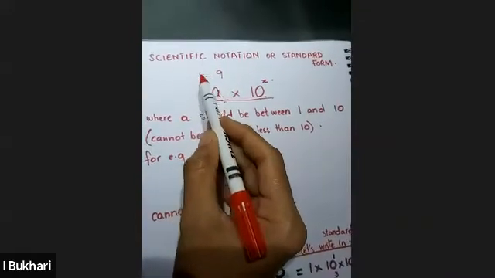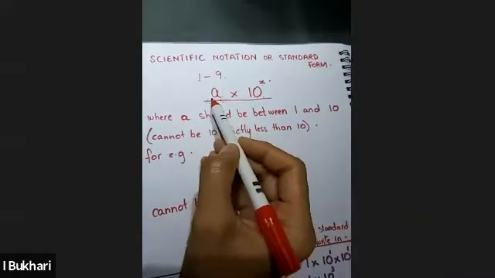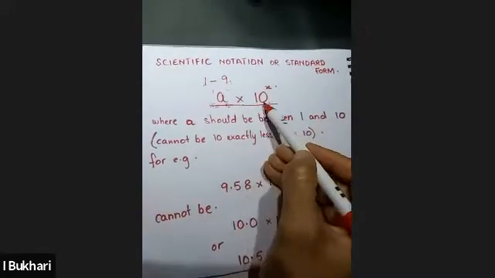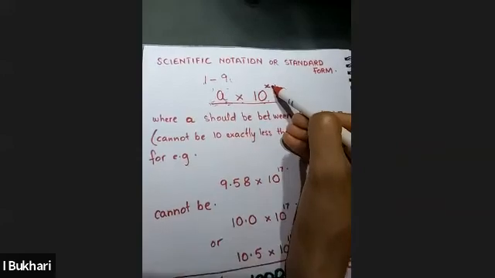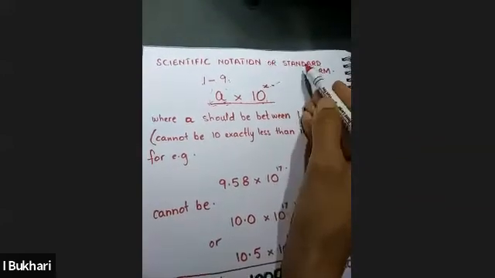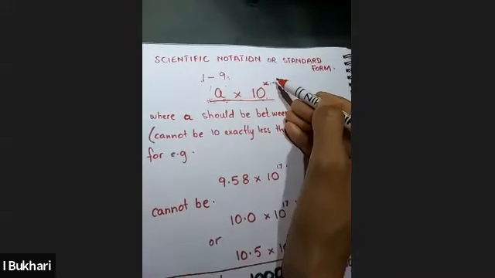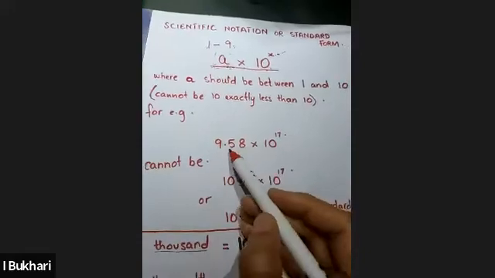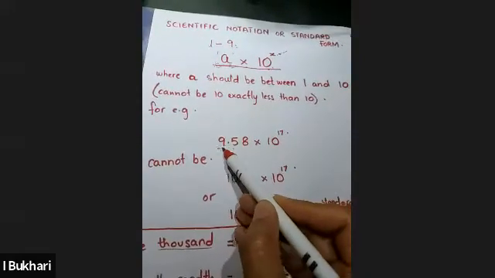So any digit between 1 and 9, into 10 to the power x. And x can be anything. There is no limitation on what type of x you can have. For example, you can have this as a scientific notation.